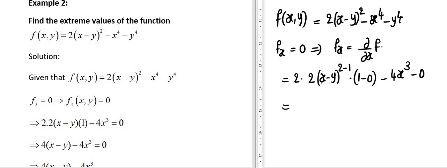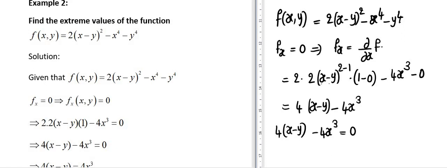Now we are doing simplification. 2 into 2 is 4, x minus y power 1, minus 4x cube. Now I am going to equate this value to 0. That is 4 into x minus y minus 4x cube equal to 0. Observe 4 is common. X minus y minus x cube equal to 0.